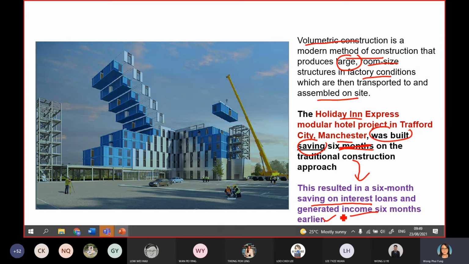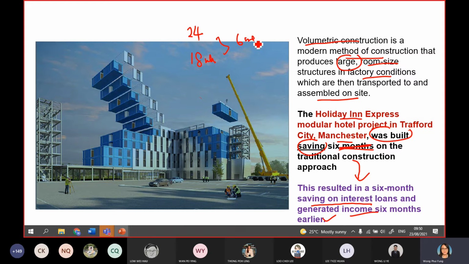So this news again proved what I said just now. If you can complete the project faster, it shortens the construction period. Then you no need to pay so much interest. Originally, if you use the traditional method, you estimate the construction period is 24 months. But if you use prefabricated structure, it shortens, let's say, to only 18 months.